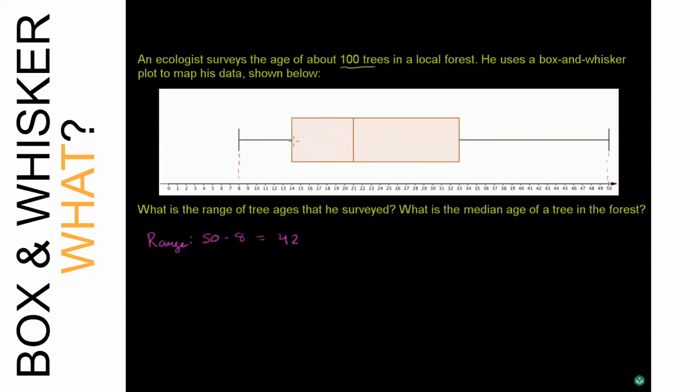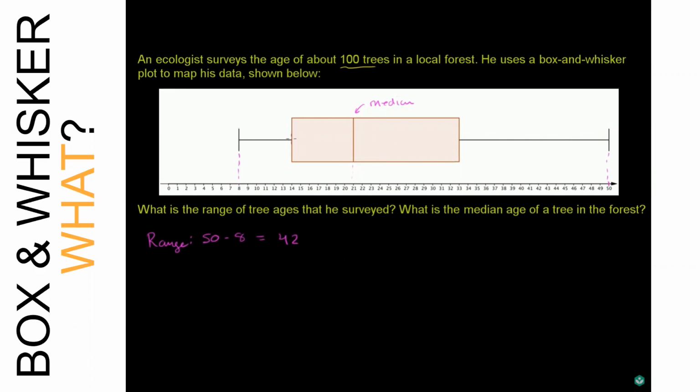Now what the box does, let me explain it this way. This line right over here is the median. Half of the ages are going to be less than this median. We see right over here, the median is 21. So this box and whisker plot tells us that half of the ages of the trees are less than 21 and half are older than 21.